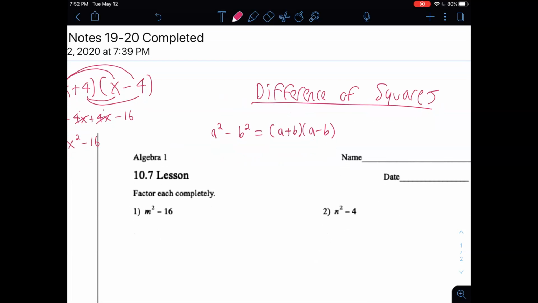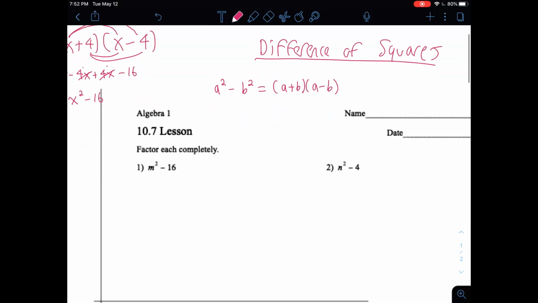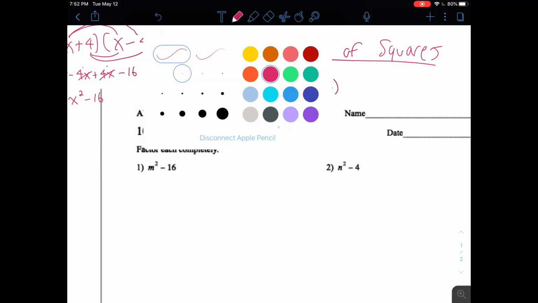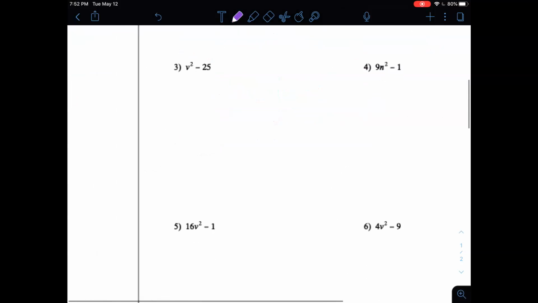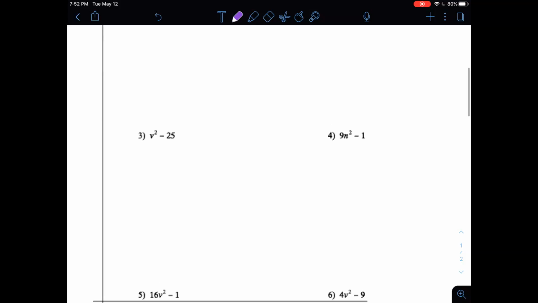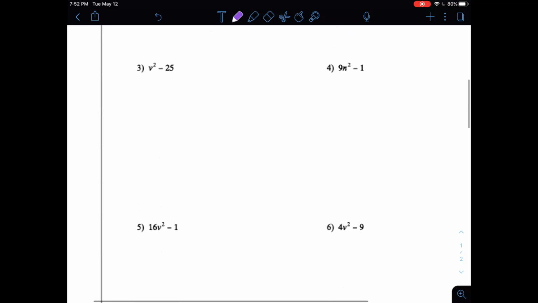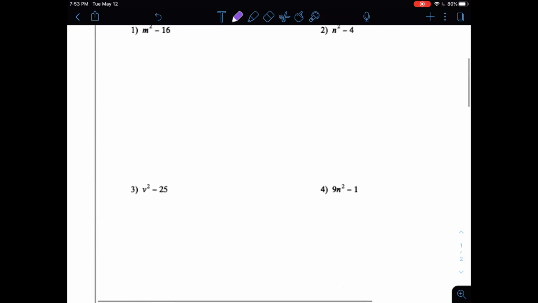A plus b times a minus b. All right, so let's go ahead and do a couple examples. We'll do 1, 4, and 5, I think.